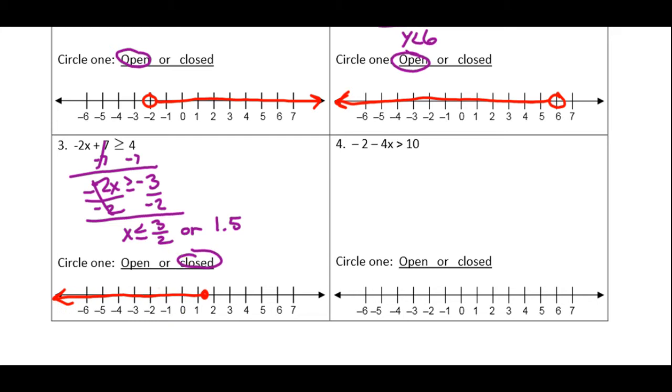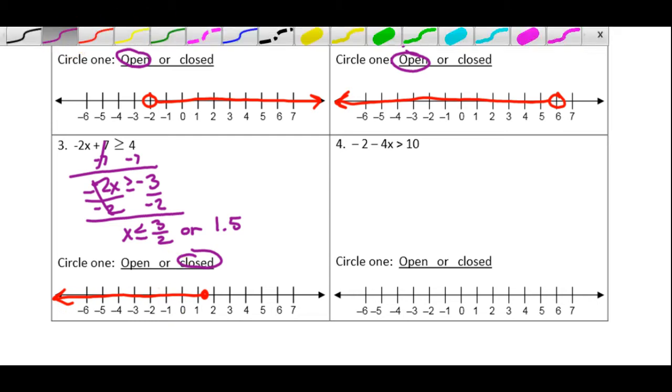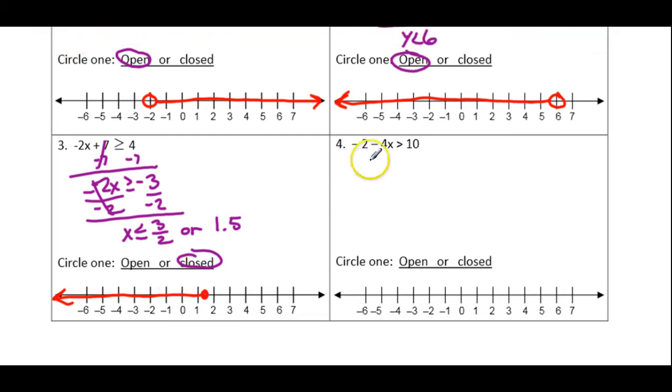Alright, one last example here. So now we've got negative 2 minus 4x is greater than 10. Got to get rid of these two numbers, but you're going to get rid of the 2 first. Plus 2. That gets rid of that. Now we're left with negative 4x is greater than 12. Now you've got to get rid of the negative 4. This is being multiplied.